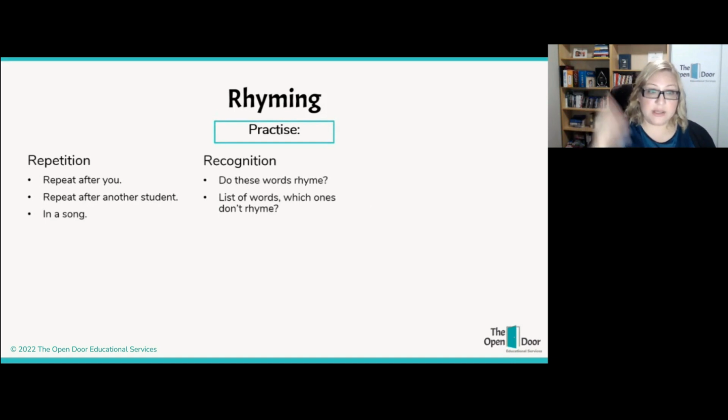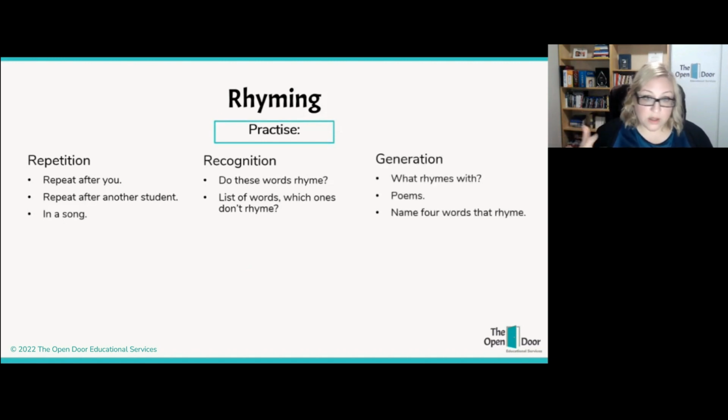Or here's a list of words, which ones don't rhyme, which ones do rhyme? And then, of course, rhyme generation, questions like what rhymes with, coming up with poems, name 4 words that rhyme, anything that involves them having to actually come up with the words that rhyme.